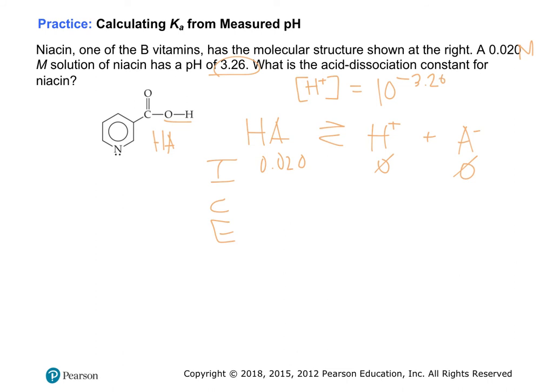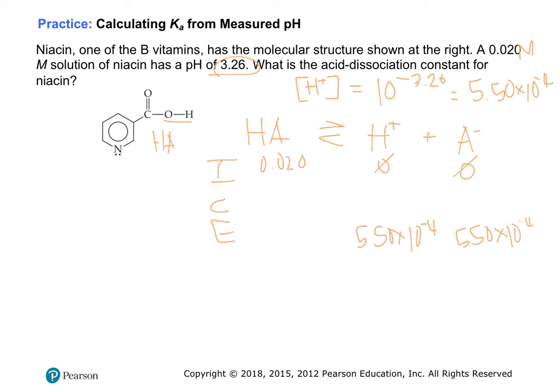And we find that our hydrogen concentration and acid conjugate base is 5.50 times 10 to the negative 4. So before we even continue on to do our change, actually let me plug those in here into our ice table.